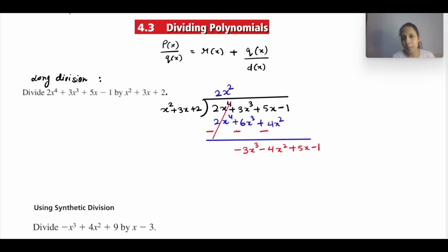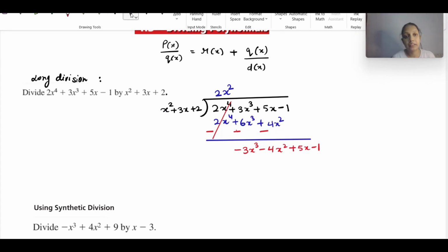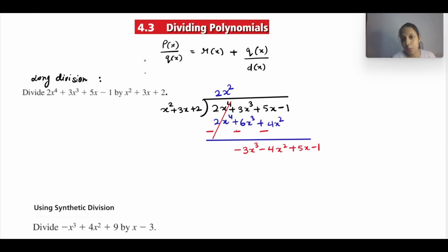Next, I will multiply the next term with power x. So x^2 is multiplied by x because I need negative 3. So I multiply by negative 3x, and it becomes negative 3x^3. Then 3 threes are 9x^2. 2 into minus 3, minus 6x.